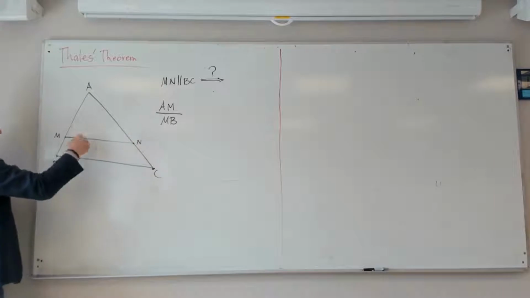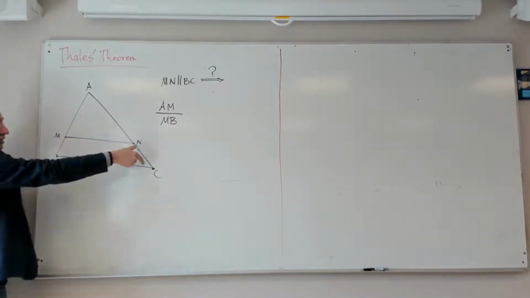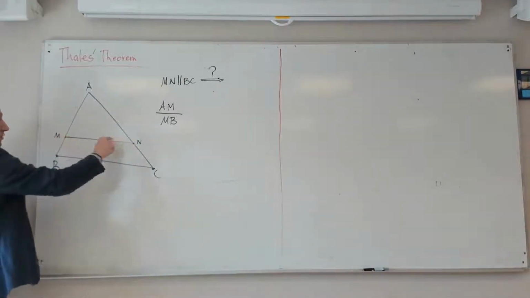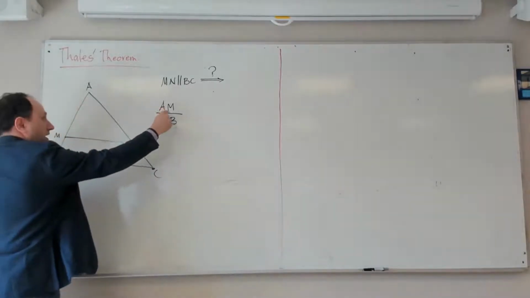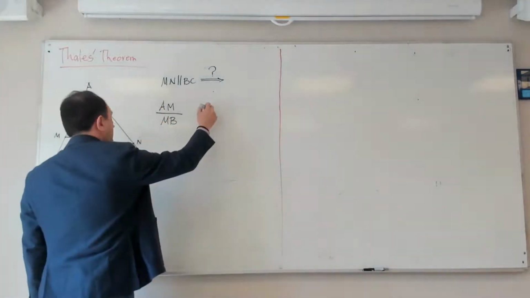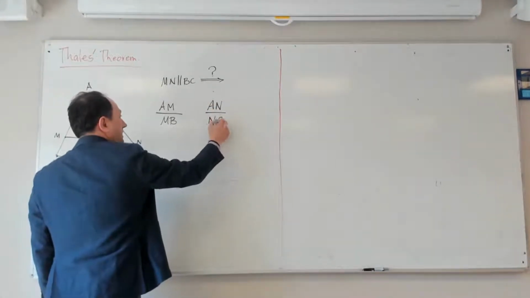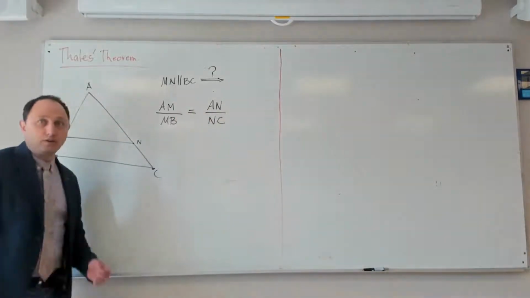You would say no. In general, they are not equal. And in general, MB is not equal to NC. But if I respect this rule that it is parallel to BC, then even though AM and MB are correspondingly different from AN and NC, if I calculate this and I calculate this, they become equal.